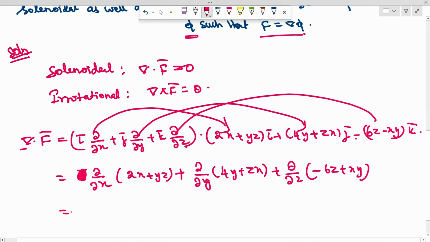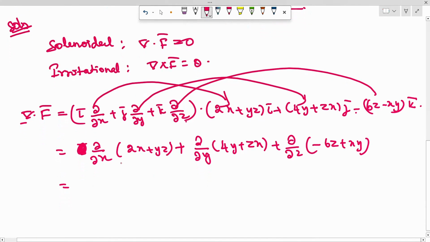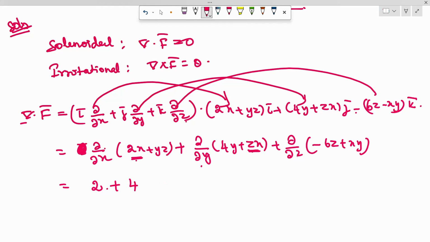Now we are going to differentiate one by one. Dou by dou x of (2x + yz) is 2, because differentiation of 2x is 2, yz will be constant, plus dou by dou y of (4y + zx), here there is no y in the second term, it is 0, it will be 4, plus dou by dou z, partial derivative with respect to z, of −6z we will get −6. The second term will be 0 because there is no z.